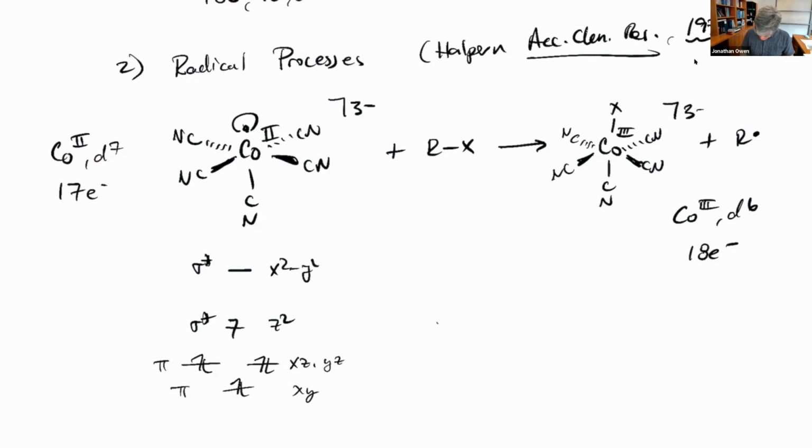Now this R dot that you make, what is it going to do? Do a lot of things. It could go rip a hydrogen off of something. It can go find another R dot. But 2 radicals reacting with each other can be very fast if you have a high concentration of them. Generally, you don't have a high concentration of free radicals, especially in a radical chain type of mechanism. But in this case, cobalt 2 is a free radical. R dot is a free radical.